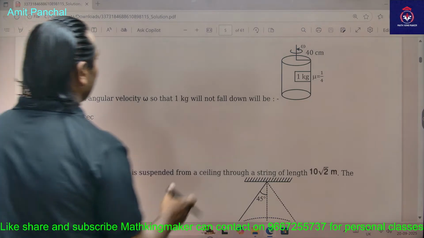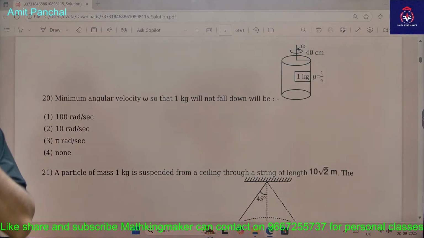That means your force of friction, if it is greater than your... there is a relation between force of friction and centripetal force. There is a maximum and minimum velocity for which your body will not fall.